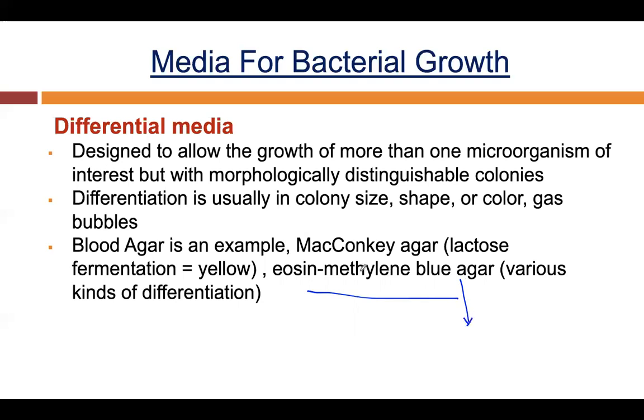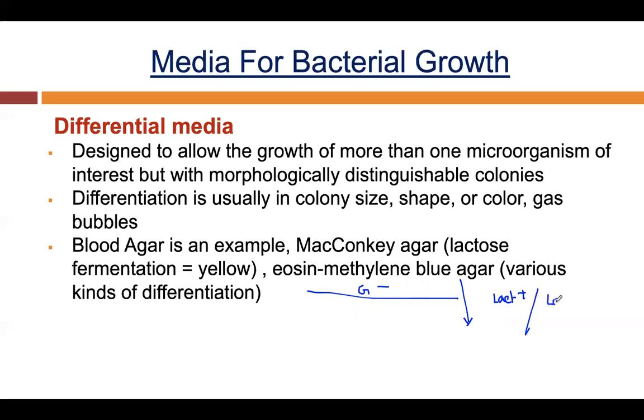It is selective for gram-negative bacteria, so only gram-negative bacteria can grow. Positive ones cannot grow. Now, this media we can also use to see if bacteria can ferment lactose or not, lactose positive or lactose negative.